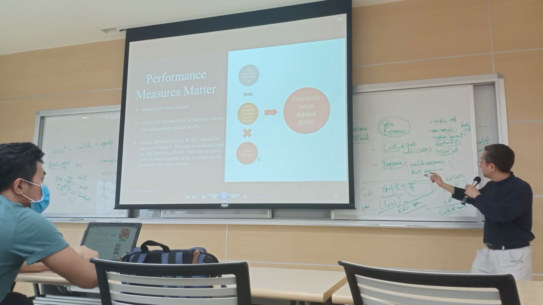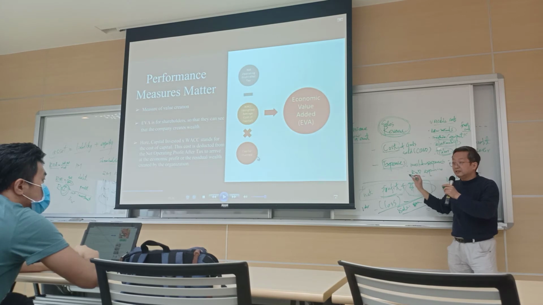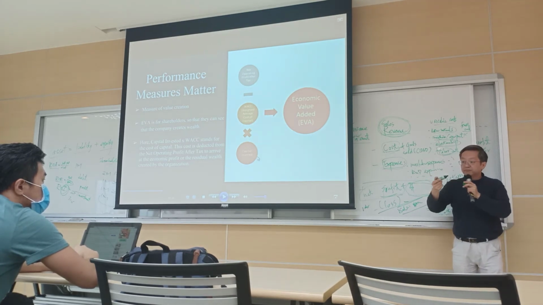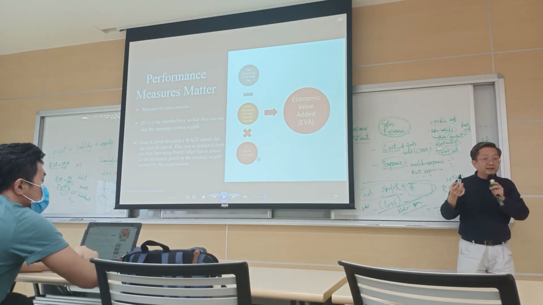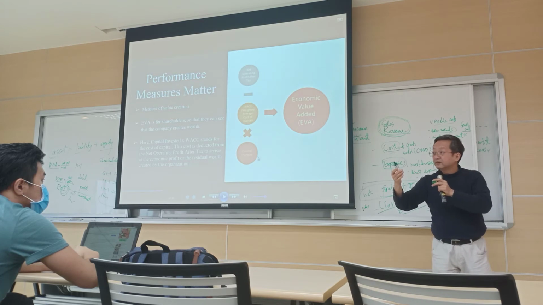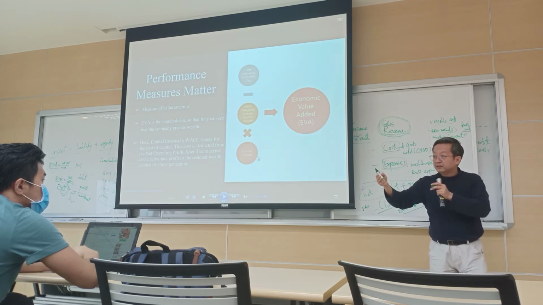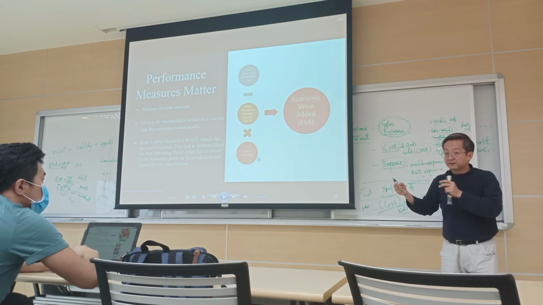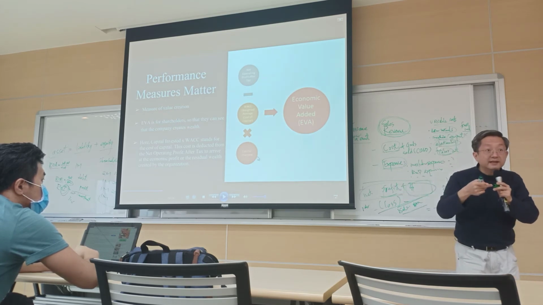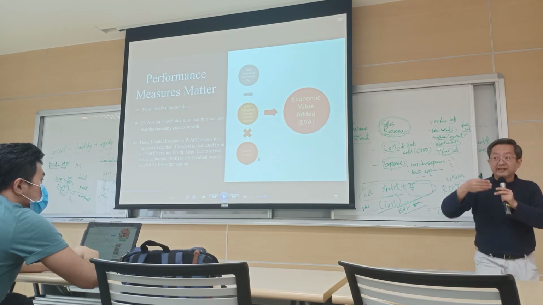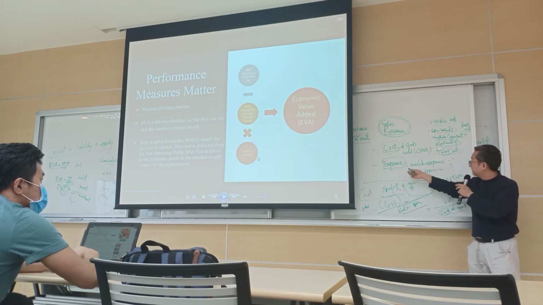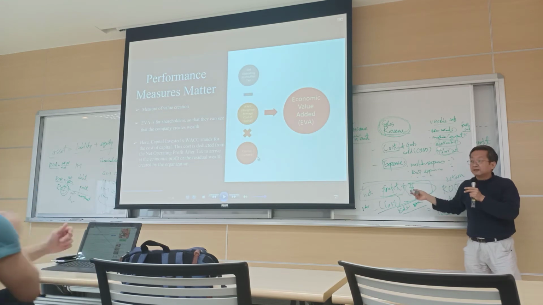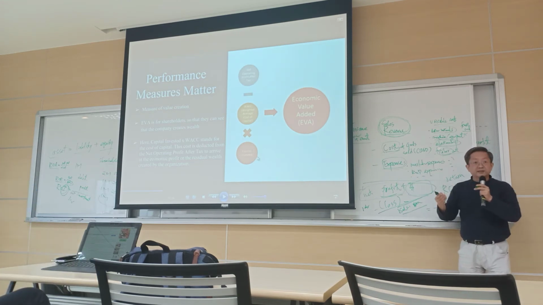We can spend some money on R&D to develop a better product. The product will be more competitive on the market. That's one way to increase the sales revenue. Spend the money on R&D. And what else? Yes, advertising. That's the money we spend for marketing expenses. And what else?